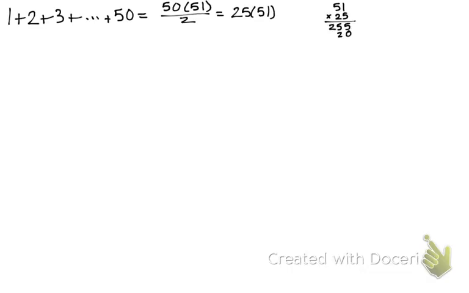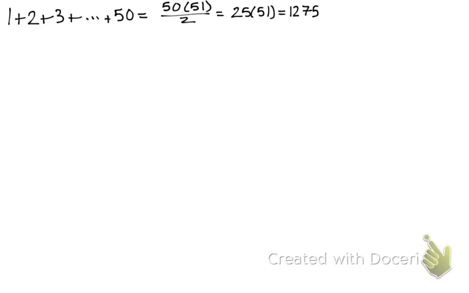Oh, sorry, 10. Thank you. I'm going too quickly for myself. We add, so we've got 5, 7, 2, 1. And that means that this equals 1,275. And we know that that's true without sitting down and typing 1 plus 2 plus 3 plus 4 plus 5 plus 6 all the way up to plus 50. So we've just reduced something that can be incredibly tedious to something that's relatively quick and easy.